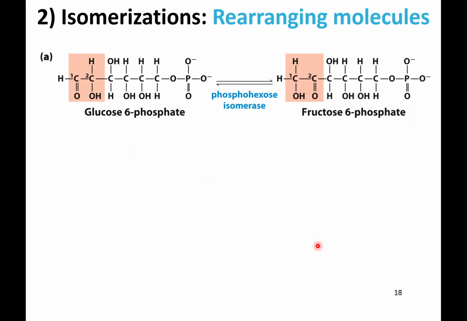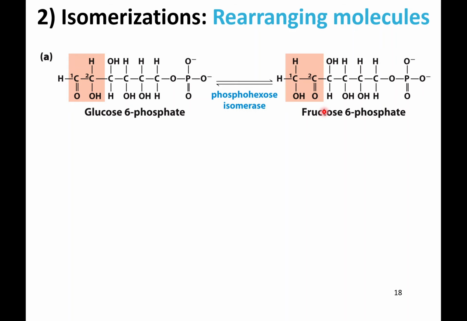The second type of reaction is isomerizations, and isomerization is just a rearranging of a molecule. In this example, we have glucose 6-phosphate and an enzyme called phosphohexose isomerase changes it to fructose 6-phosphate.